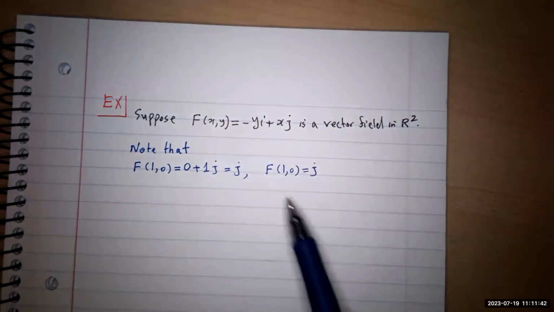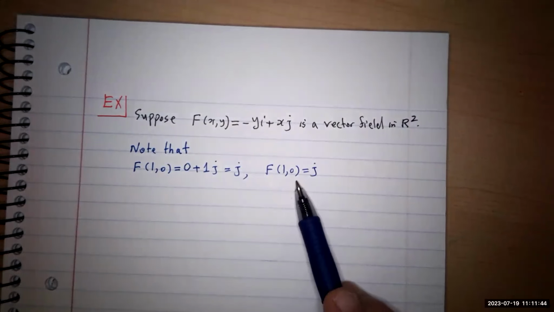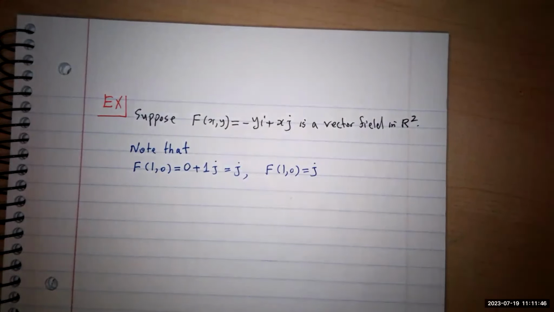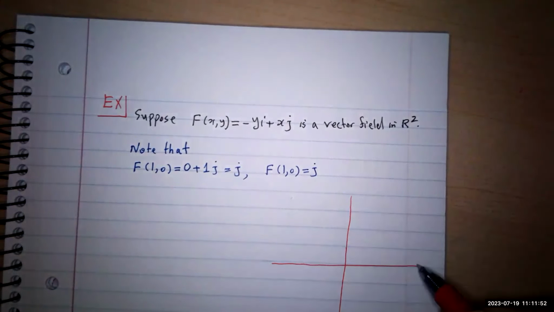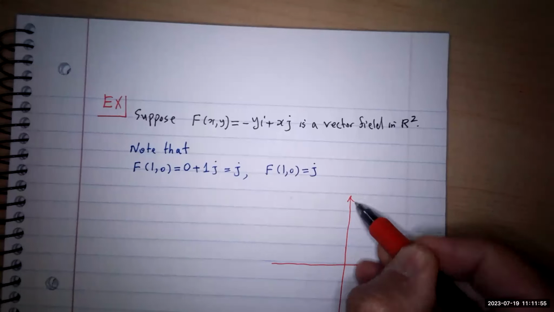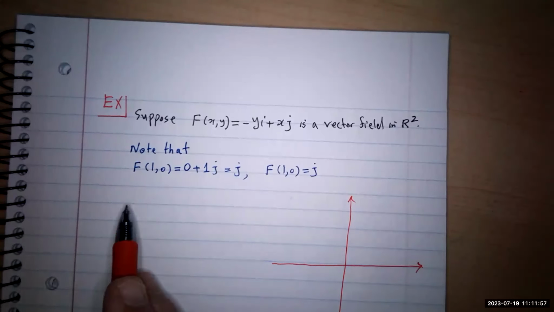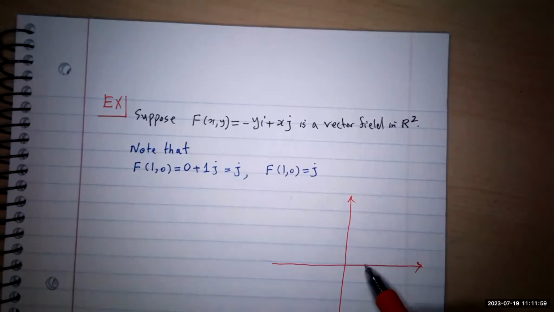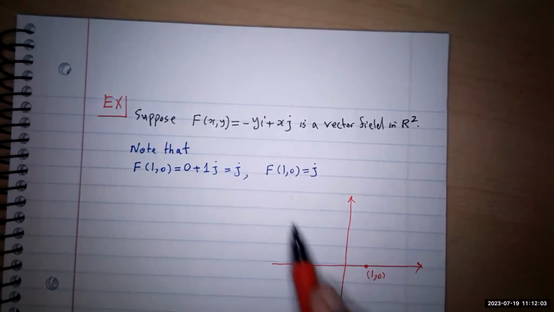So this means if you move, when you get to the point 1, 0, this is the situation that you are going to have. At the point 1, 0, your direction would be along the direction of the j vector.